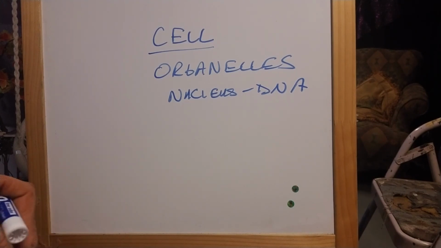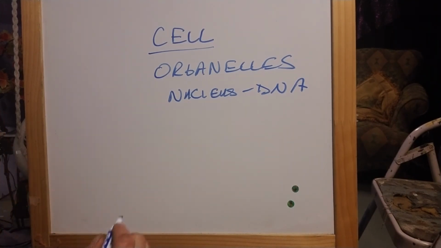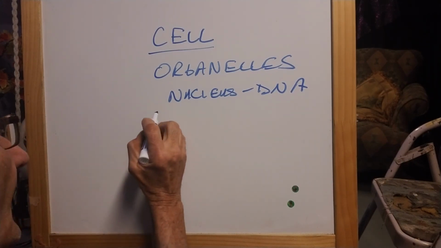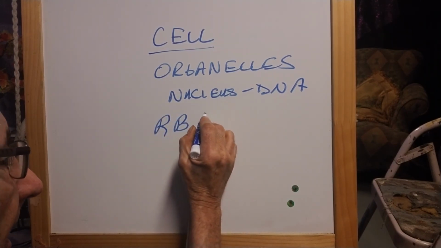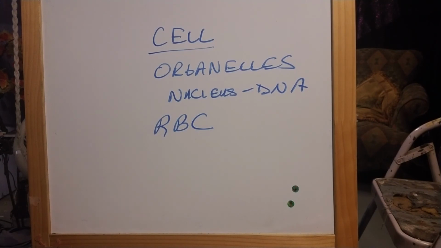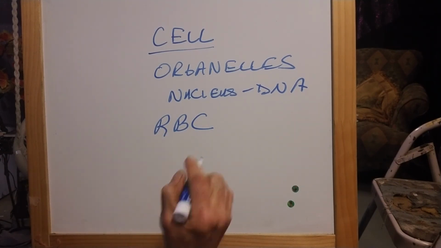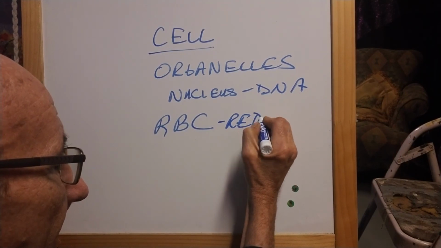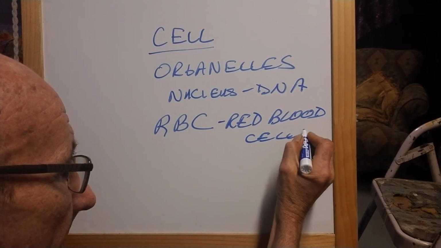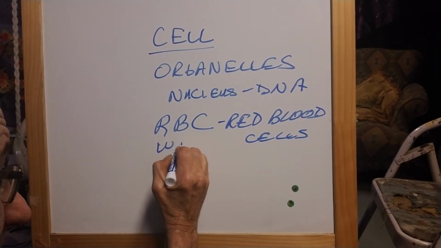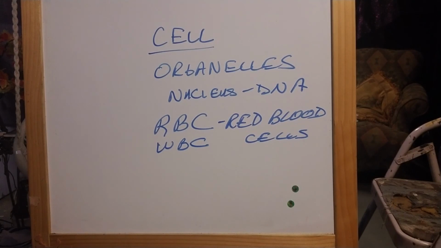The only exception, I said, all cells, I just said a little bit ago, all cells have DNA. Not true. The ones that don't, there's some abbreviations I'm going to give you right now. RBC, red blood cells. Whereas WBC would be white blood cells, which of course are part of your immune system.